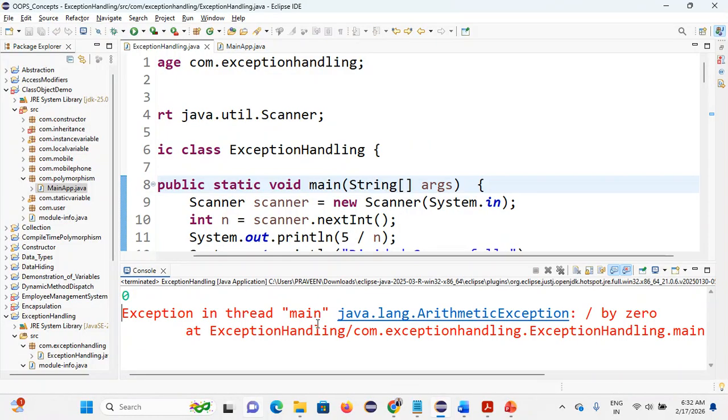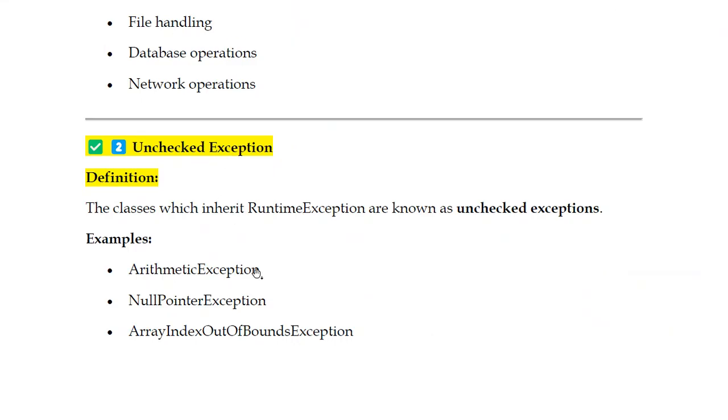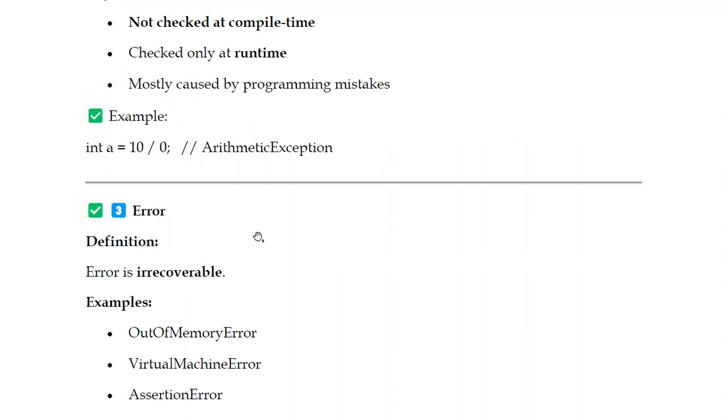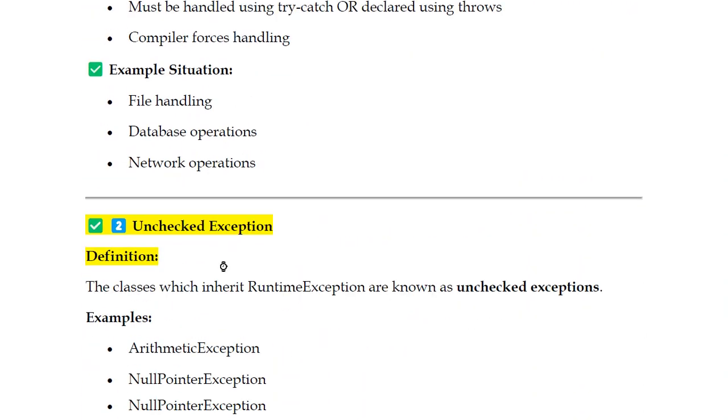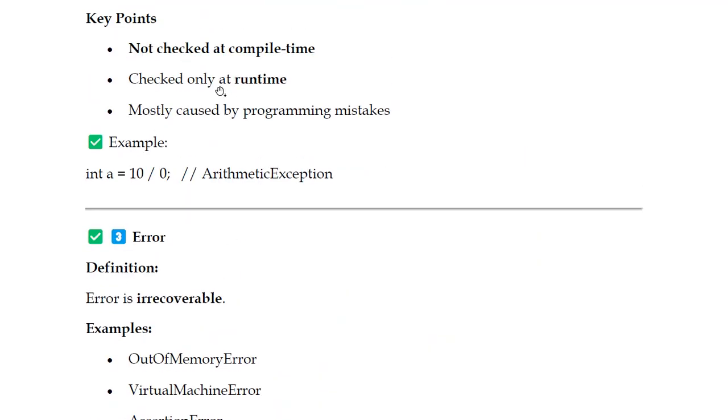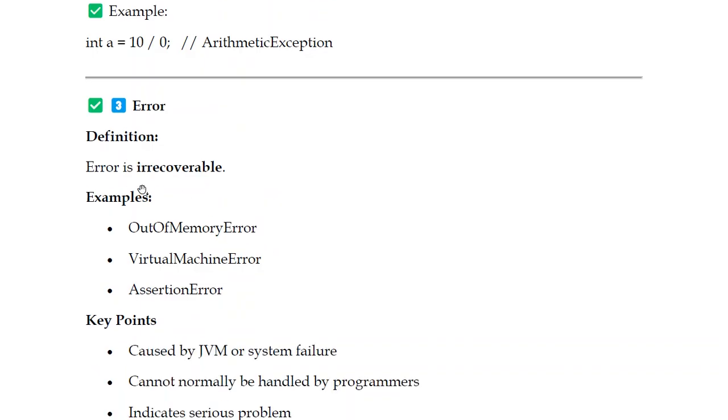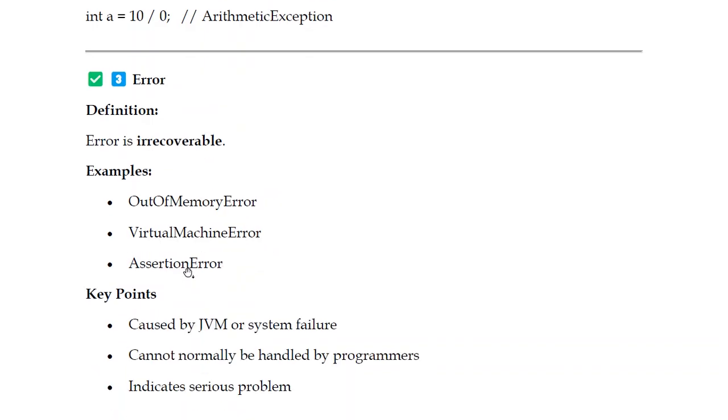If I'm giving the wrong input, the output is an exception. So it is checked at runtime. He clearly mentioned checked exception is at compile time, unchecked exception is not checked at compile time, it is checked only at runtime.